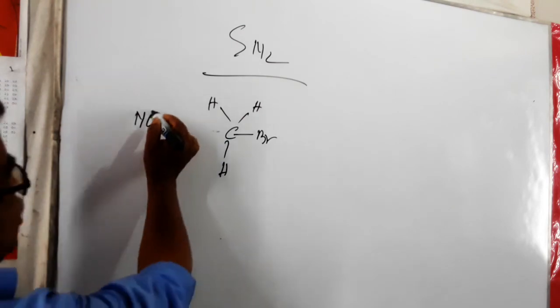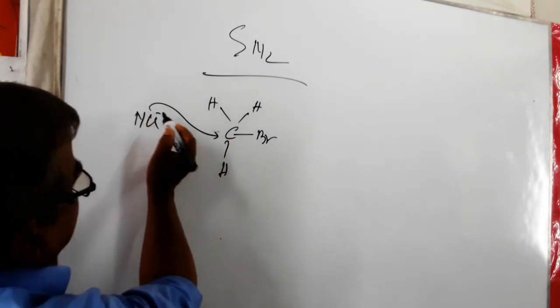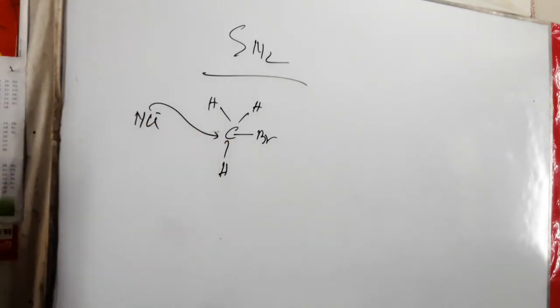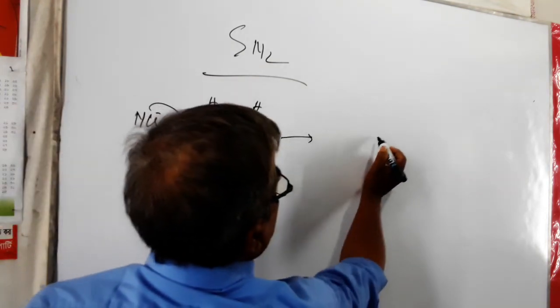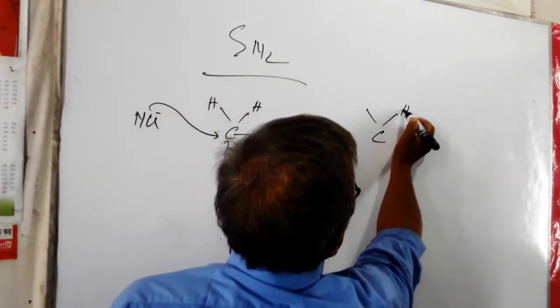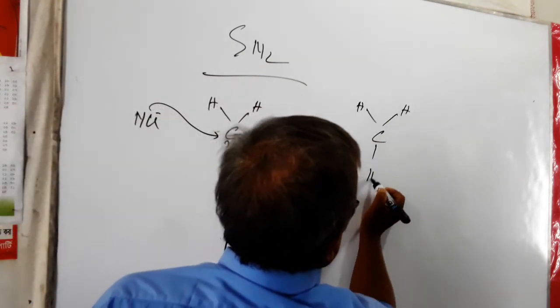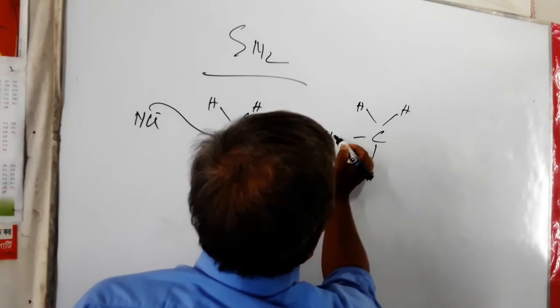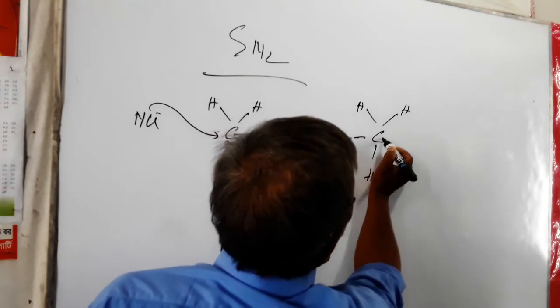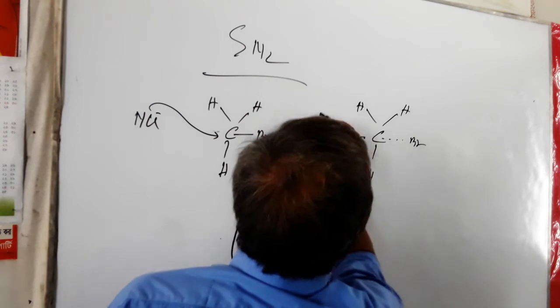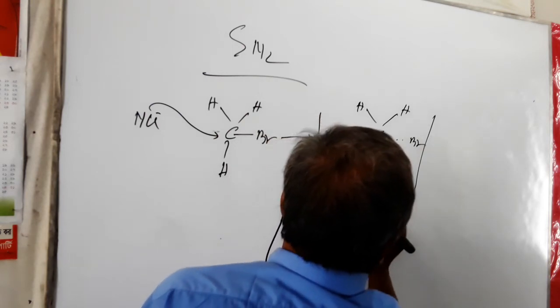The nucleophile attacks from the backside of the carbon, and then it forms a transition state. This is called the transition state.